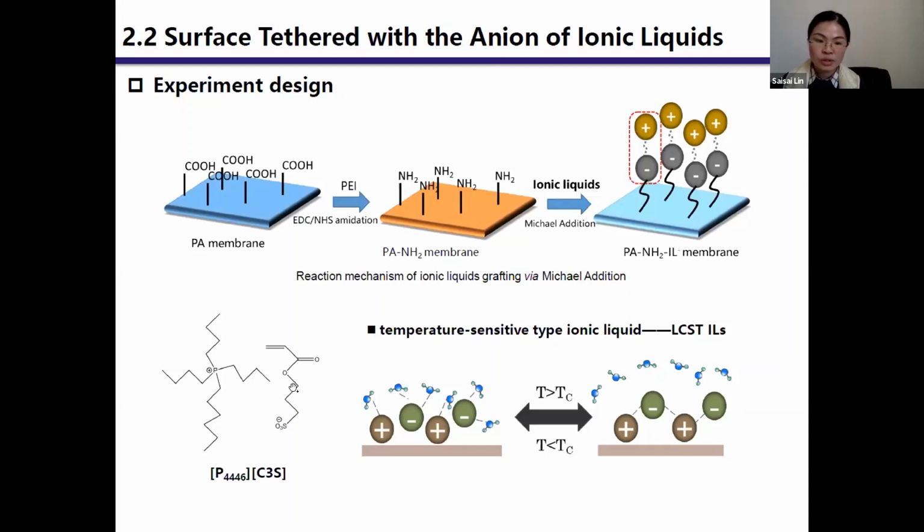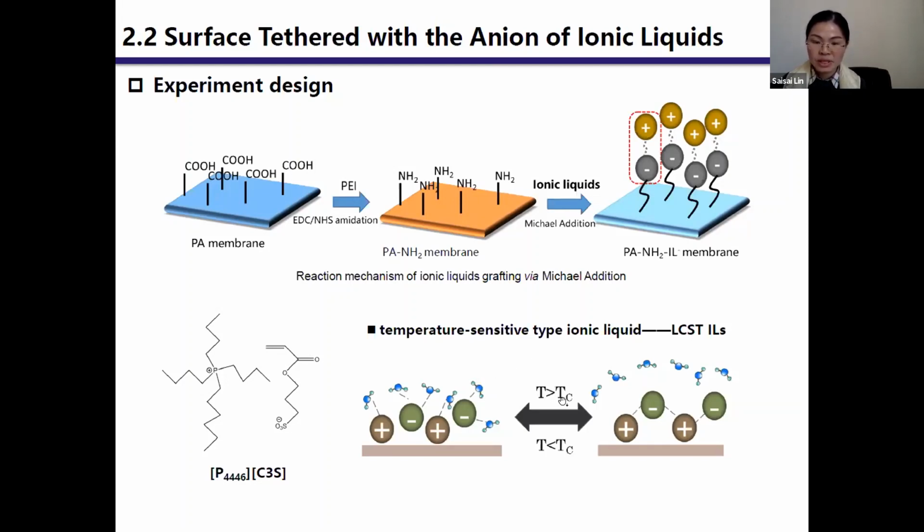So in this way, we chose ionic liquids whose anion contains an alkynyl group, that was ready for the Michael addition, and this is also a kind of LCST, that is lower critical solution temperature, ionic liquid.